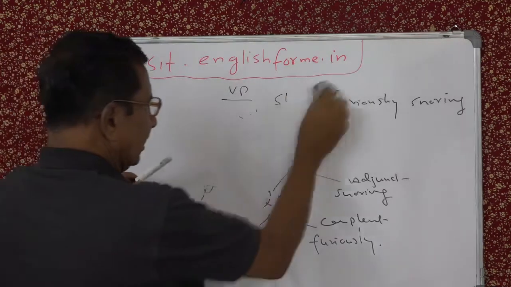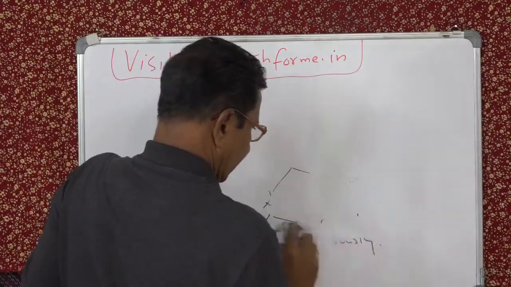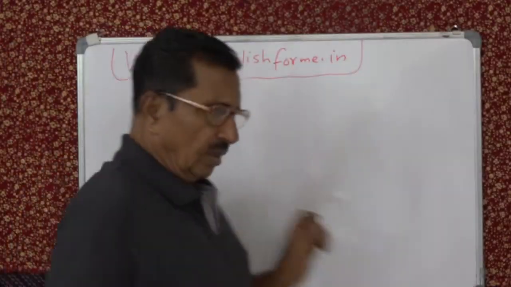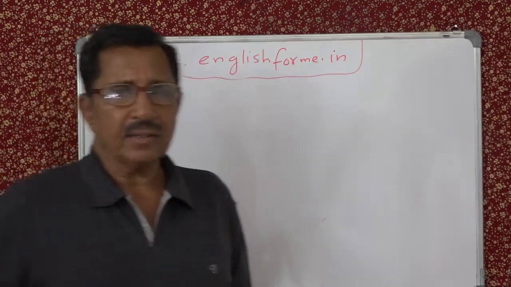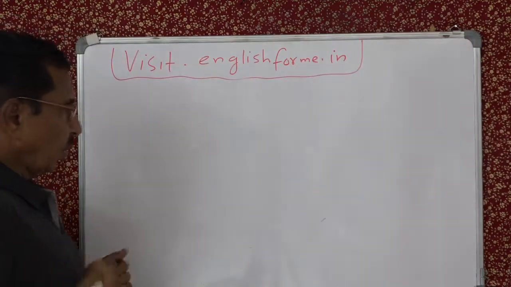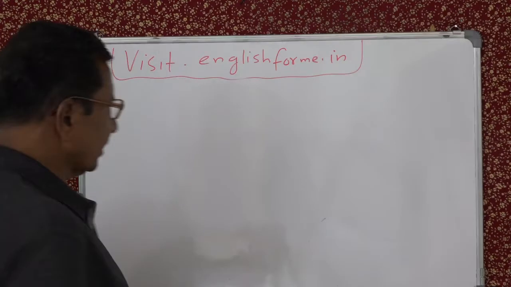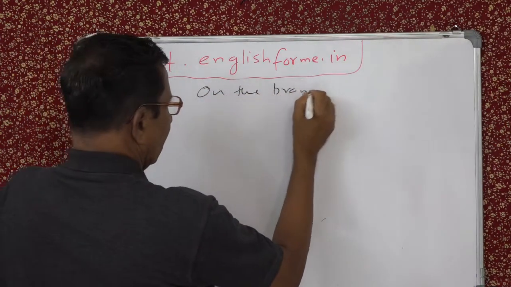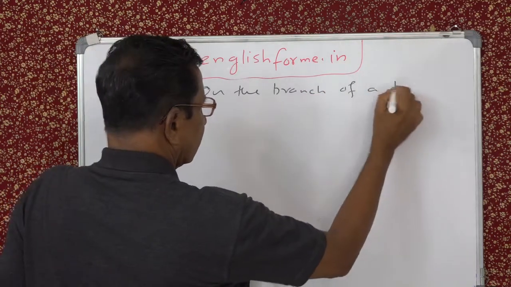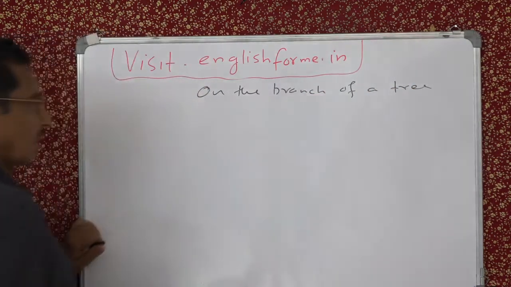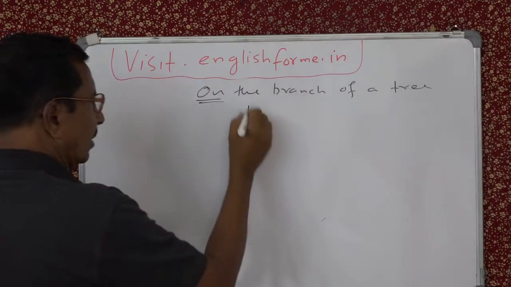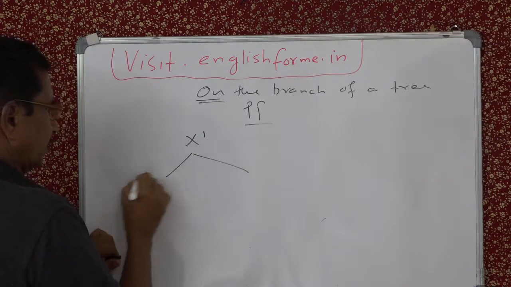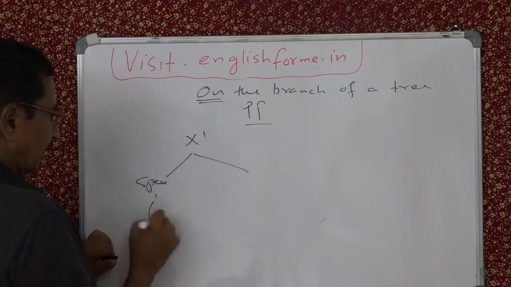So now let's try another. Let us do another phrase. All the phrases we can see. PP. Let's try a PP. See, on the branch of a tree. Now you can see head is preposition and therefore this is PP. Xbar projection will be specifier, nothing.